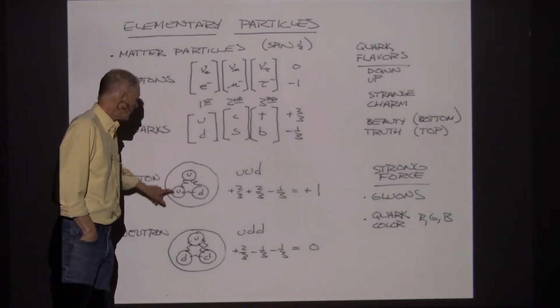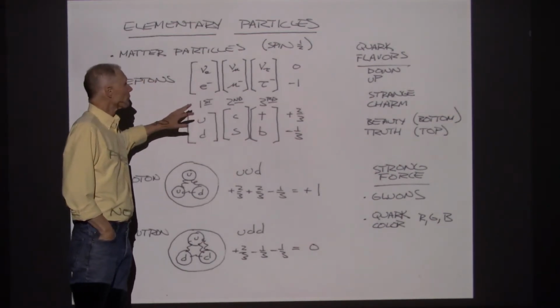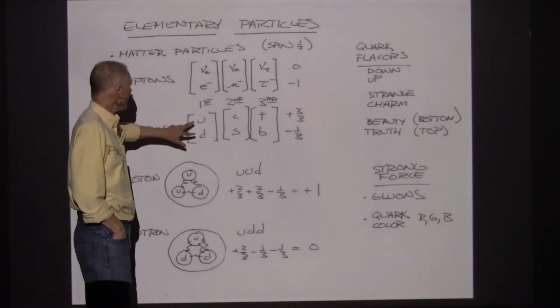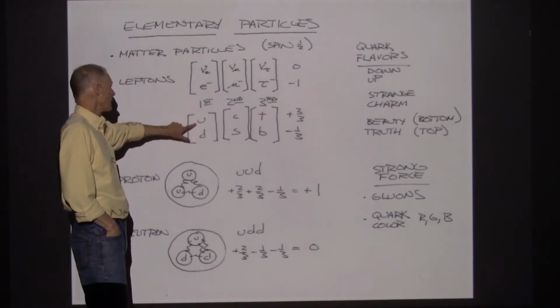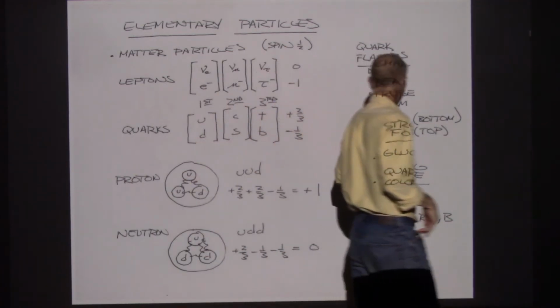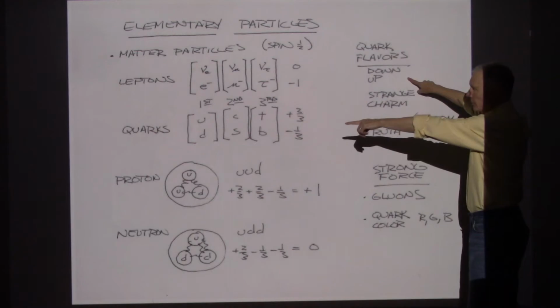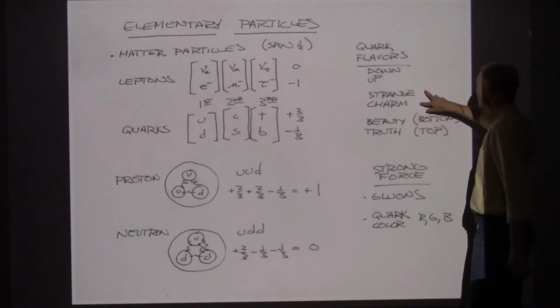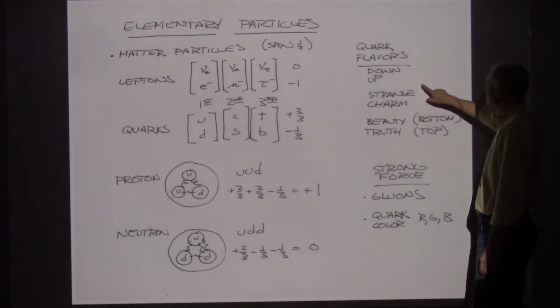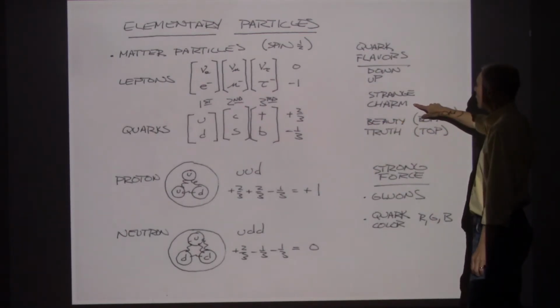So protons are made out of 3 quarks. The quark flavors that we've listed here by letter, U and D and C and S and T and B, well, they actually have names. The quark flavors are down and up in that first generation. And then there's a second generation of strange, that's the S, and charm.